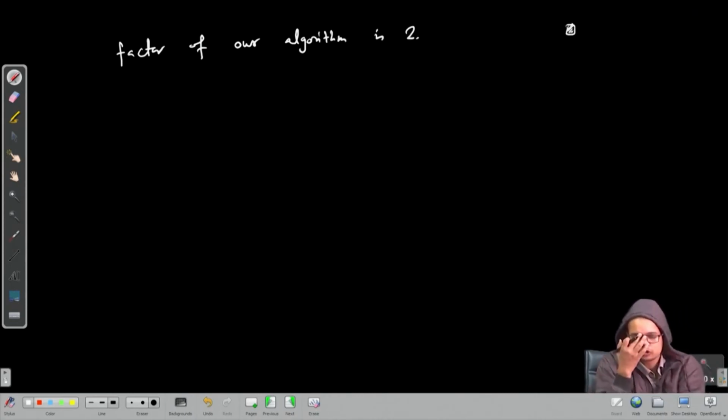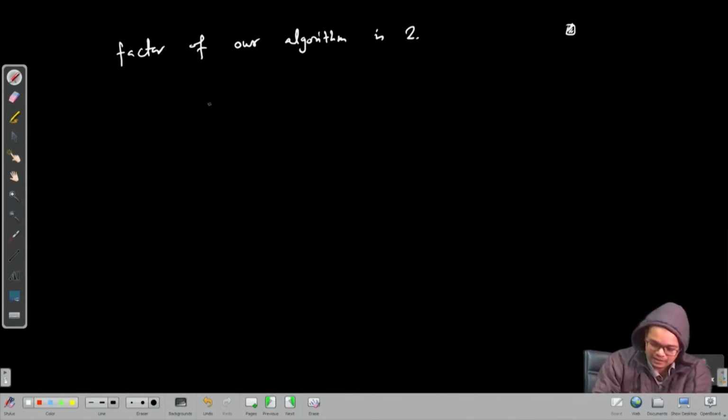So, next what we will show is another very simple direct rounding approach using LP rounding for a two-factor approximation algorithm for vertex cover. This is also simple, but here we are not reducing it to set cover.